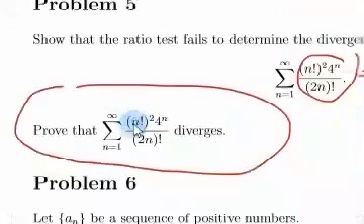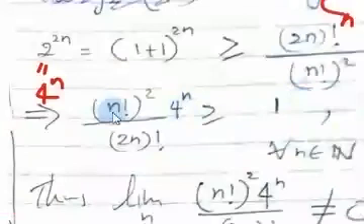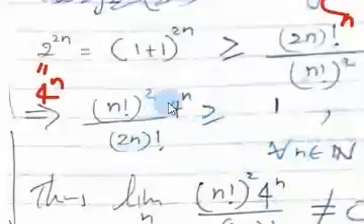Now notice this term. Look at our problem here: factorial n squared times 4 to the n, divided by factorial 2n. That is exactly here. That term is greater than or equal to 1, and this is true for all integers. So all terms of the sequence a n are greater than or equal to 1.